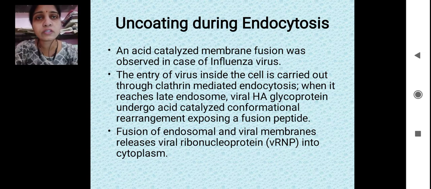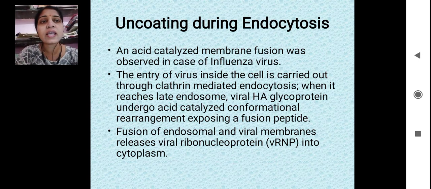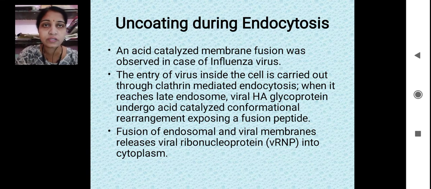Uncoating during endocytosis is an acid-catalyzed membrane fusion, which is observed in influenza viruses, which contain negative-sense, segmented RNA as their genome. The entry of the virus inside the cell is carried out through clathrin-mediated endocytosis.